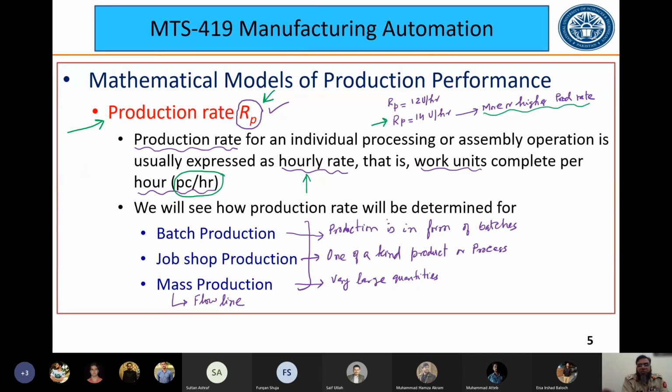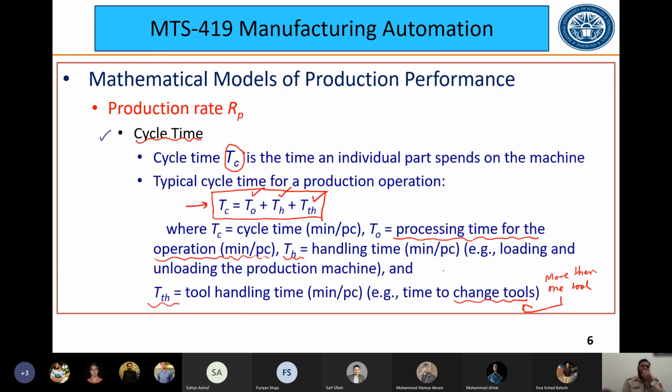We will see how this production rate will be determined for batch production, job shop production, and mass production, which is flow line. ये चीजें हम पहले पढ़ चुके हैं. Batch production is the production in the form of batches. Job shop production is one of a kind, and mass production is very, very large quantities.